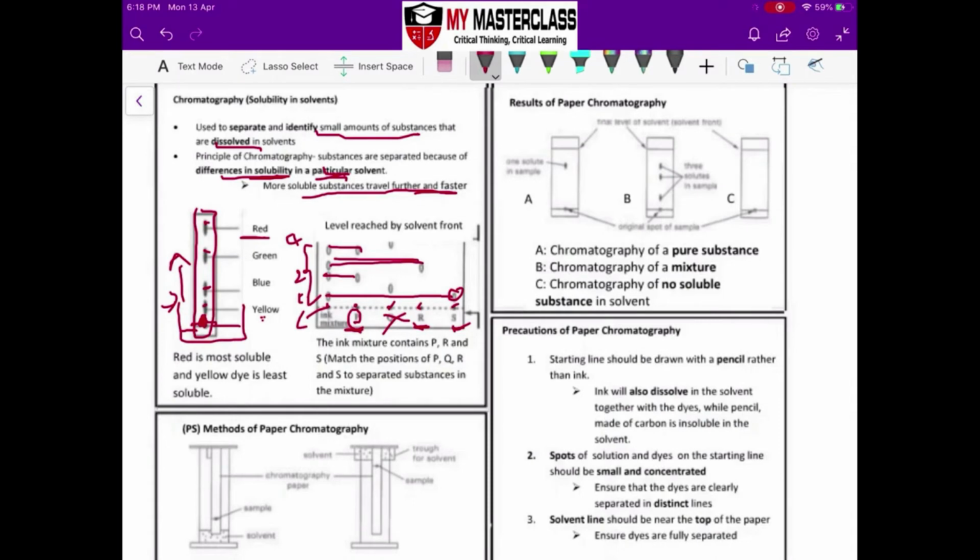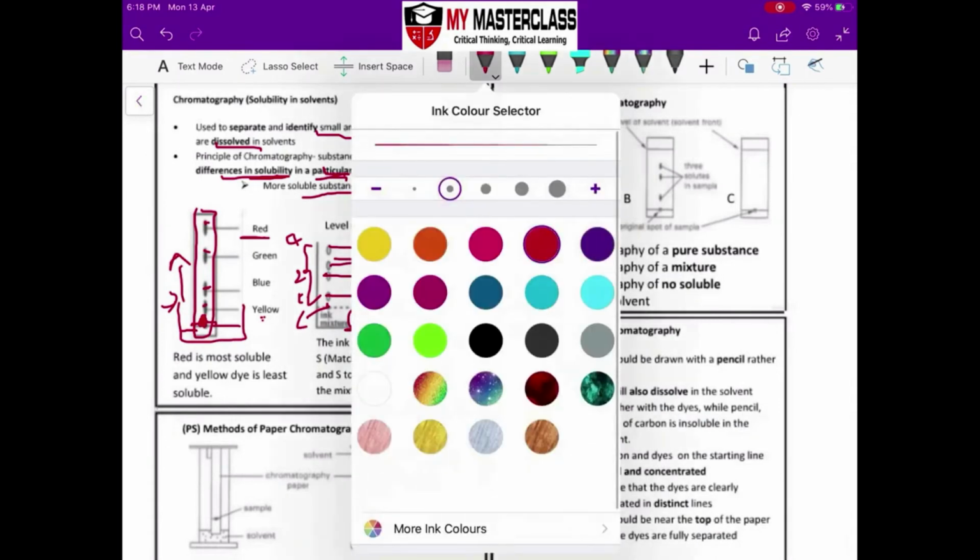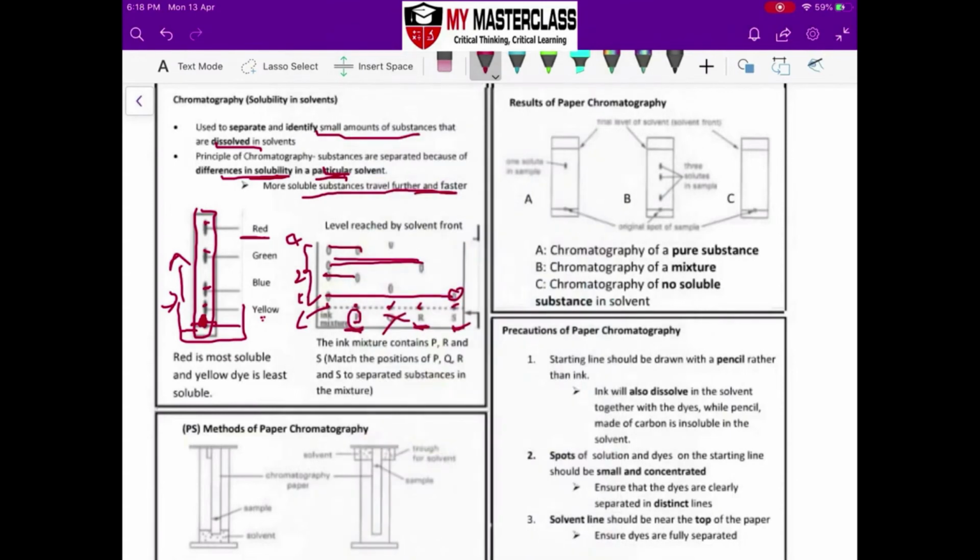So the results of your chromatography: sometimes when you do your chromatography, you will have 1 dot. When you have 1 dot, this shows that it is a pure substance. 1 dot and nothing left at your starting line. It is a pure substance made out of only 1 thing. Chromatography B is a mixture of 1, 2, 3 substances.